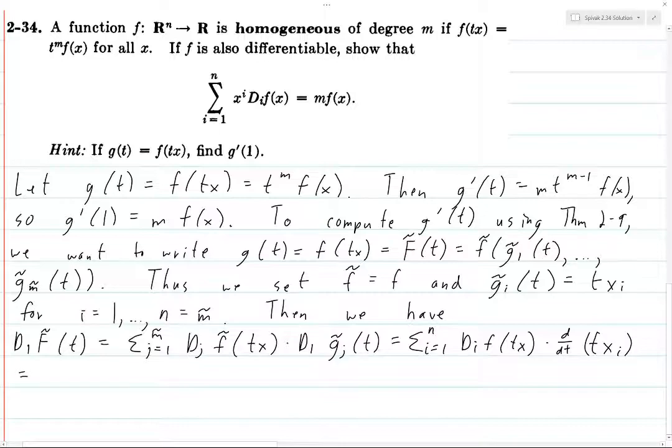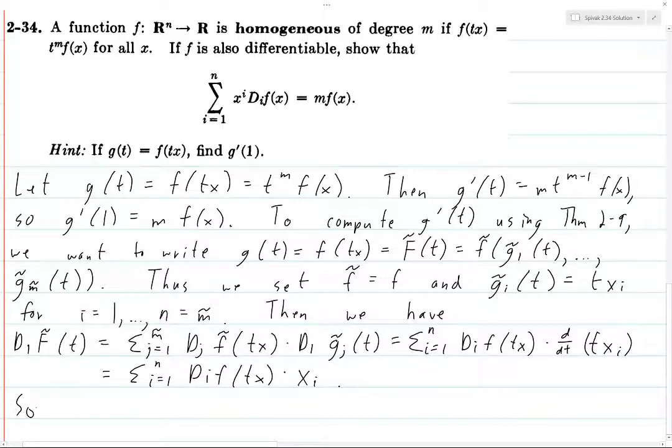And so then this is just the sum from i equals 1 to n of di f of tx times, we'll take the derivative of t, you get 1, so we just have xi.